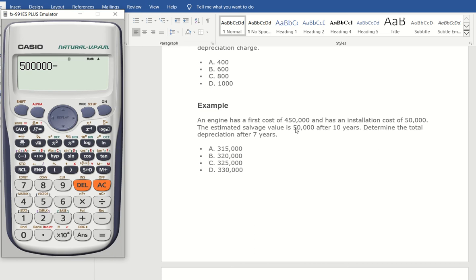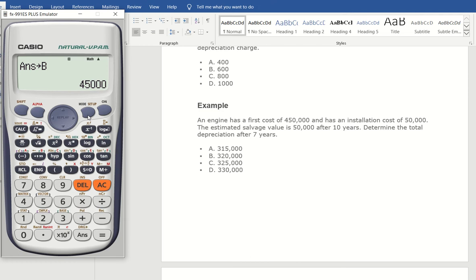Then minus our salvage value, 50,000. So we have 450,000 divided by 10. So we have 45,000. So shift, control, B. Let's save that in our B value.